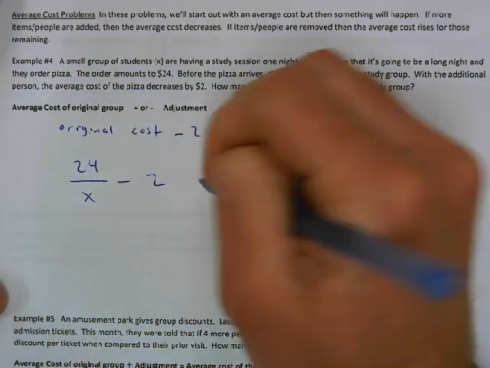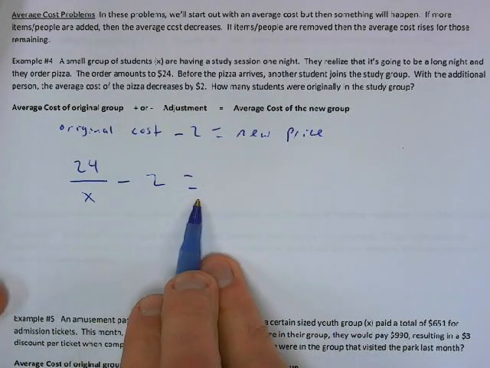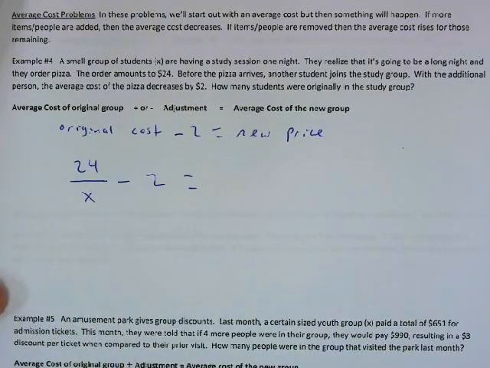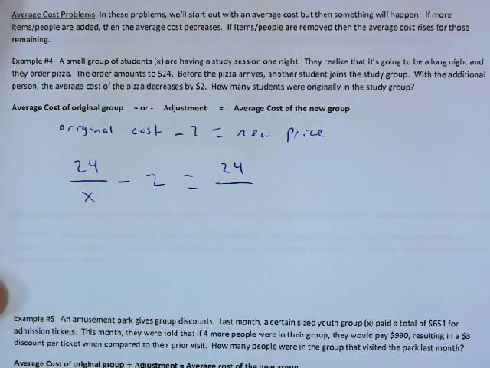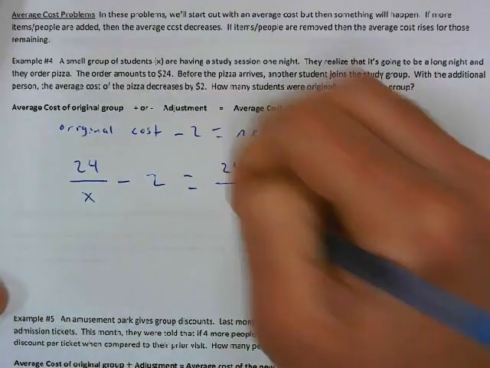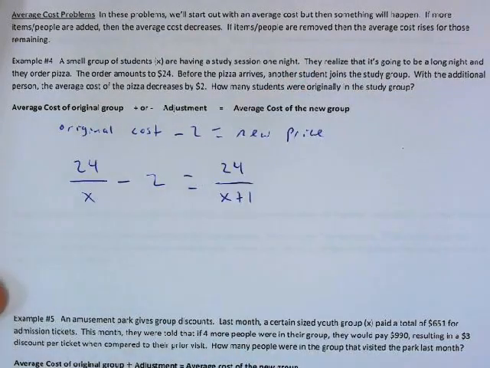If I take my original price minus $2, then I'm going to get my new cost. So what's the new cost going to be? Well, the total is still $24, and now we're dividing it by how many people? We had X number of people, and then one more person joined the group, so X plus 1. Okay, so this is our equation for this problem.